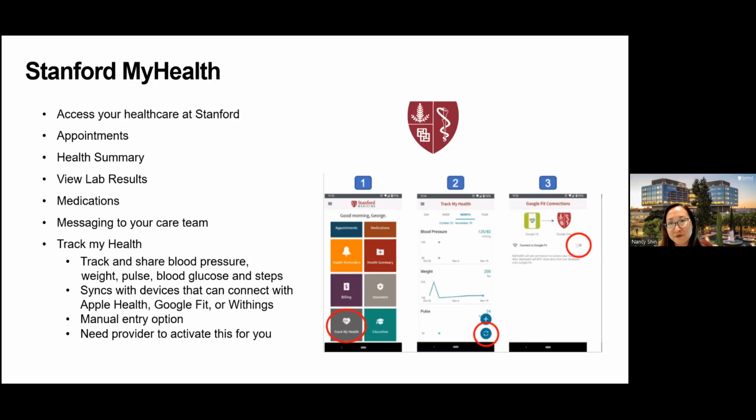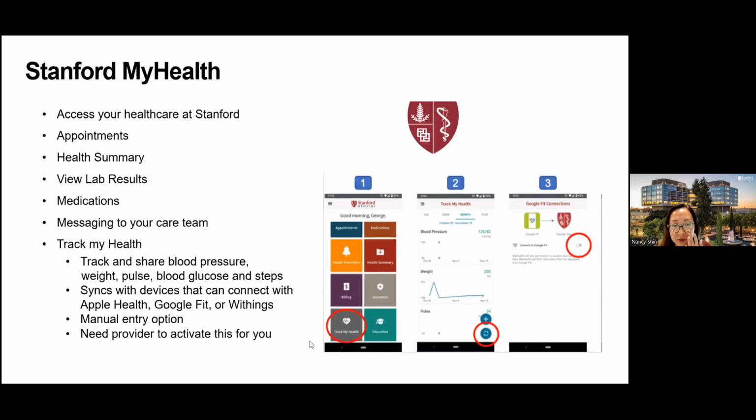If you don't have access to that or not quite sure how that all works, you can also do it by manual entry. So you can also just log in information as you want without it automatically syncing. If you don't want to do this on your phone, or if you use My Health on your computer and you're more comfortable with that, you can also enter in manual entry through the website as well.